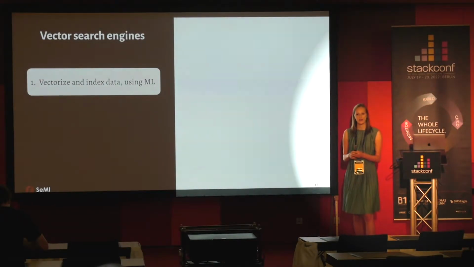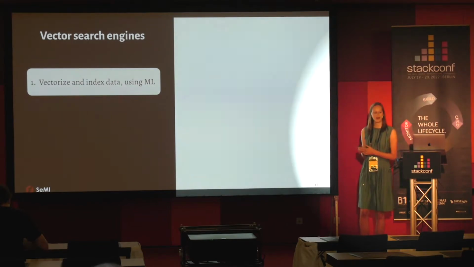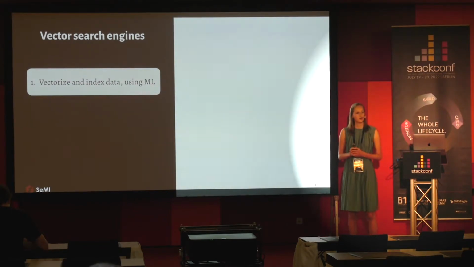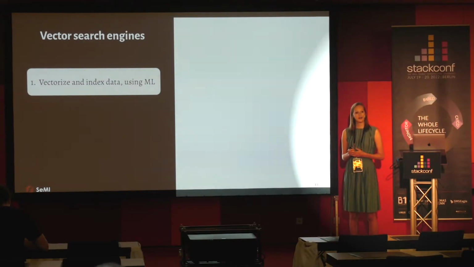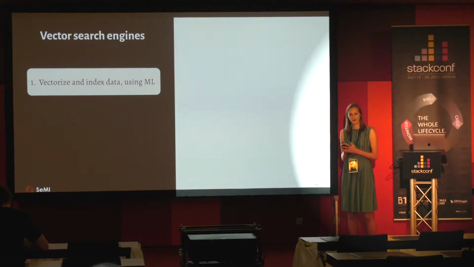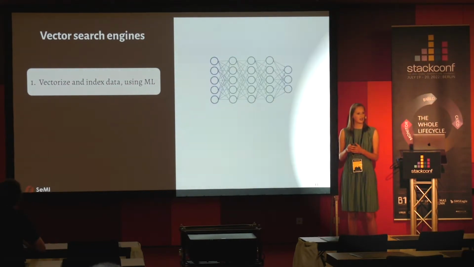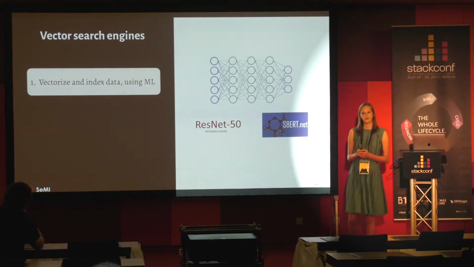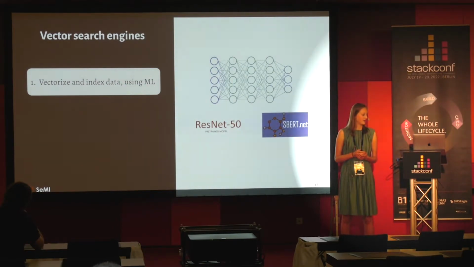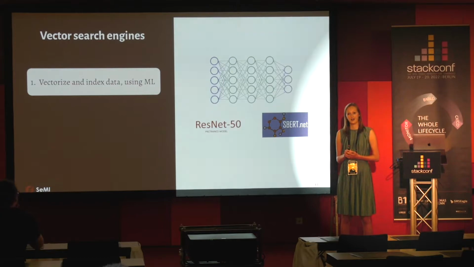So let me go over step by step how this search pipeline will work. First of all, you can choose a machine learning model that you can use to vectorize your data. This can be a neural network. For example, there are neural networks or machine learning models available on the internet.